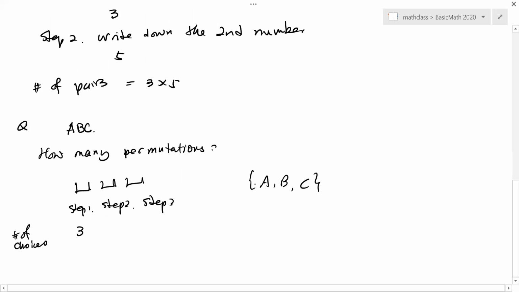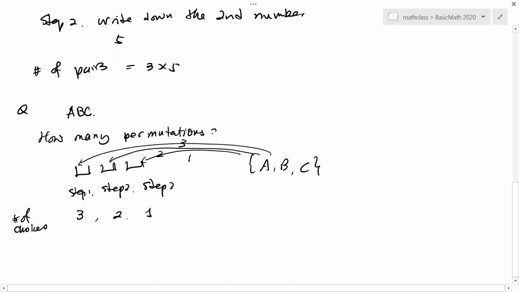Then 2 letters are left. For step 2, you write down the second letter, and there are 2 choices. Then only 1 letter is left, so there's no choice, just copy it. So in each step, the number of choices is different.